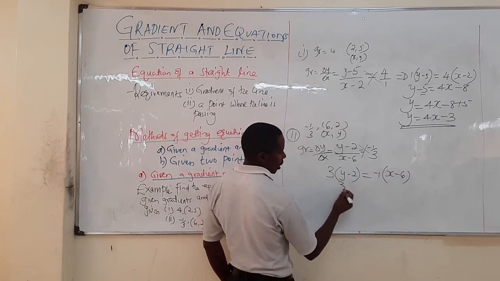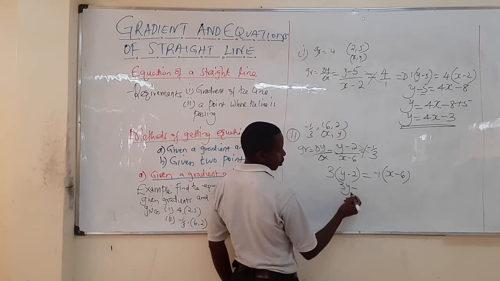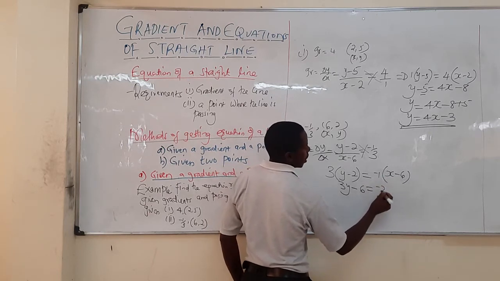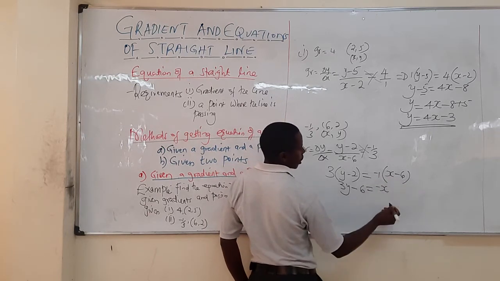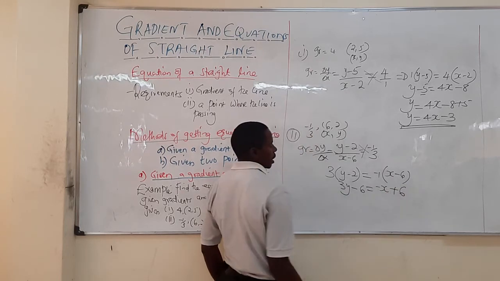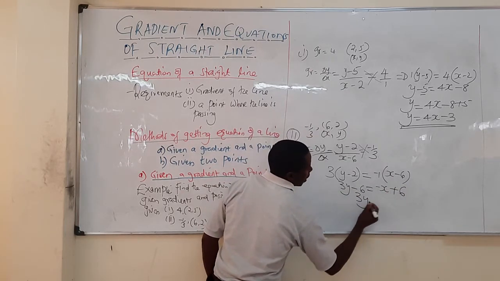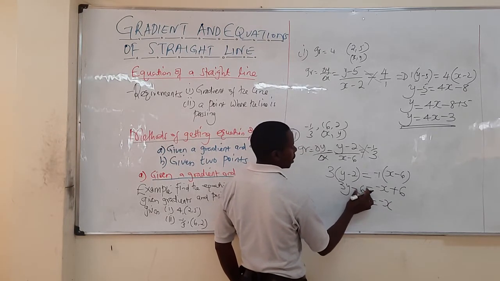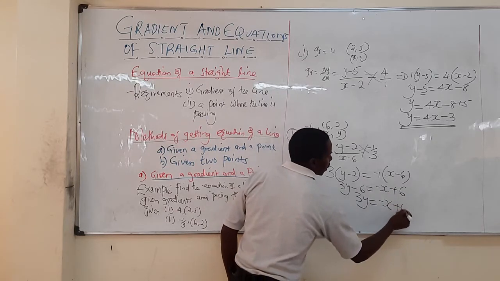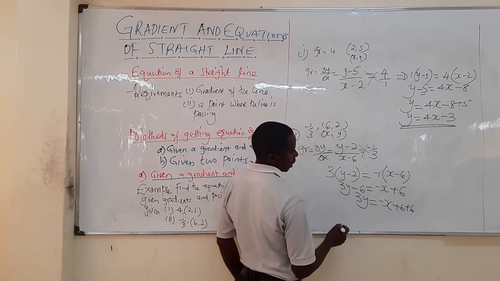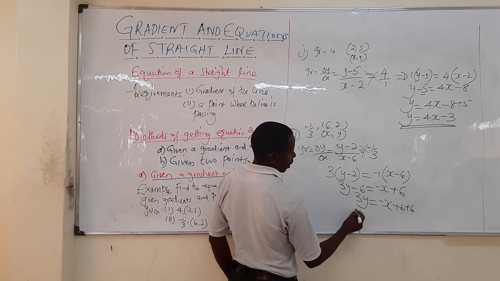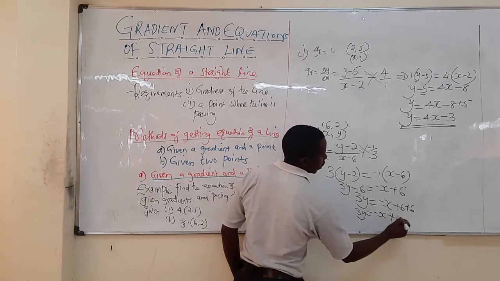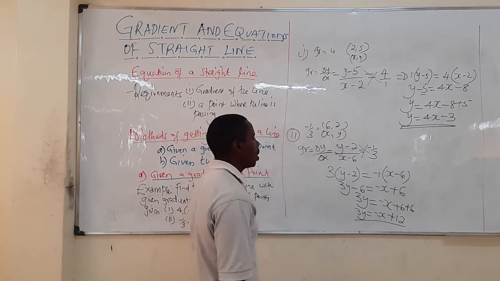So 3y minus 6 equals minus x plus 6. Then minus 6 goes to the other side as plus 6, so 3y equals minus x plus 12. So that's the equation of the line.